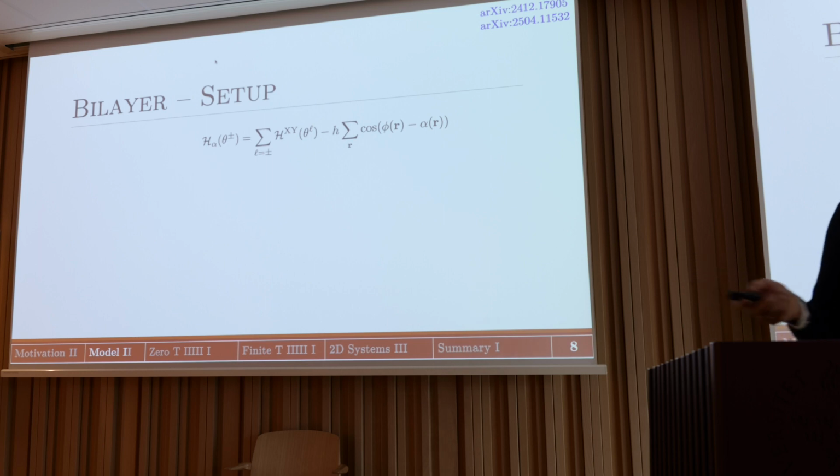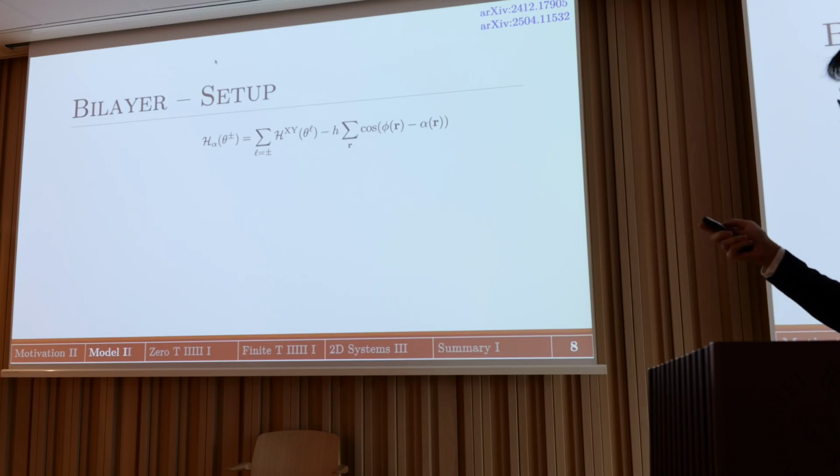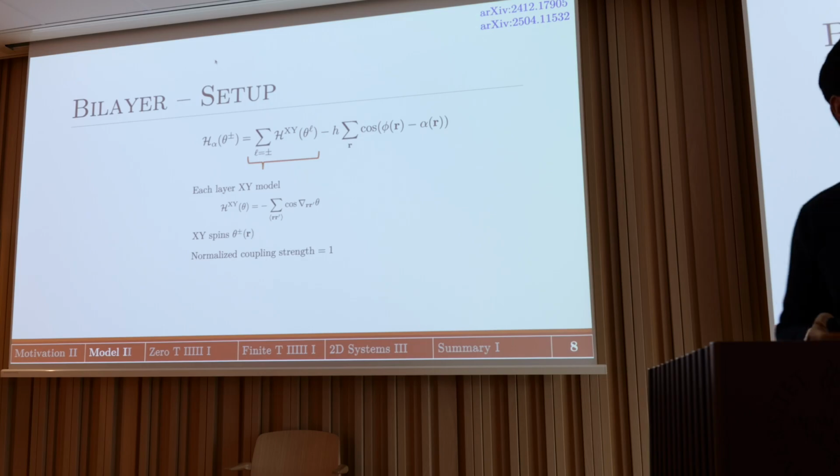Okay, so now the explicit model. The Hamiltonian is classical, and it's going to be given by this. The first term is basically an XY model for each layer, top and bottom. Theta plus and theta minus are the XY spins. I have normalized the in-plane coupling strengths to 1, so 1 is my energy scale here.